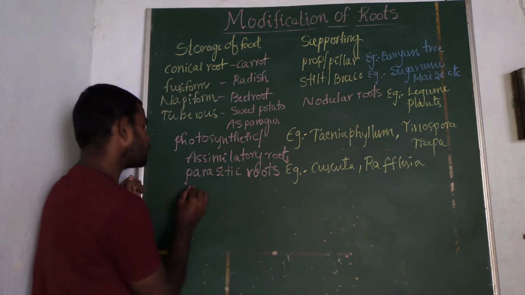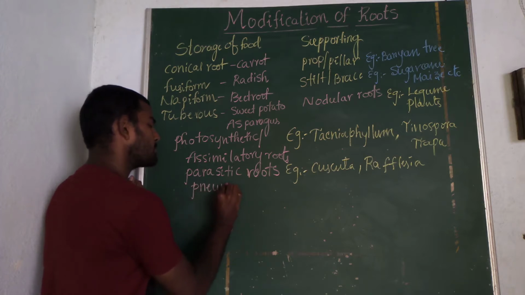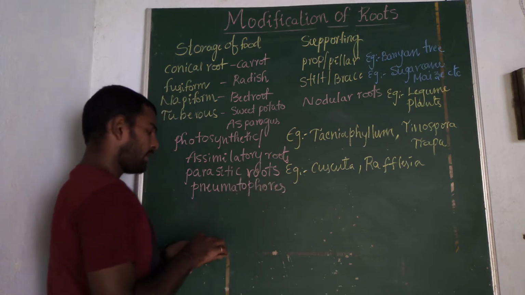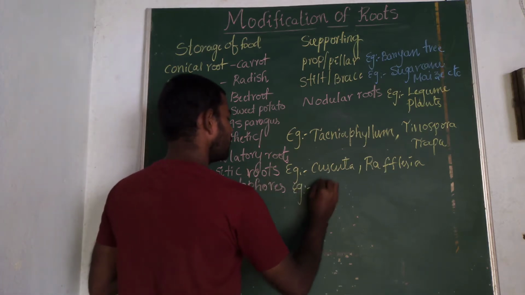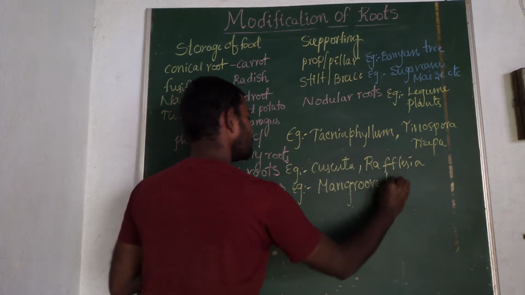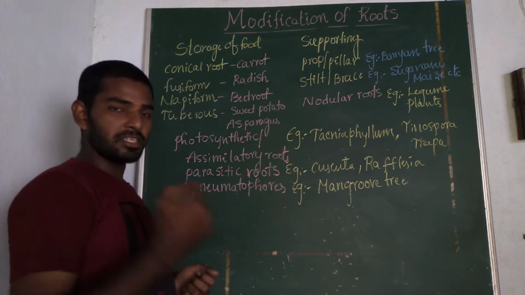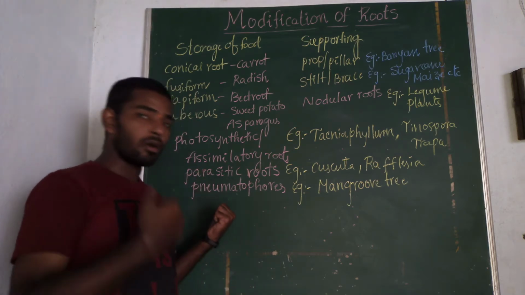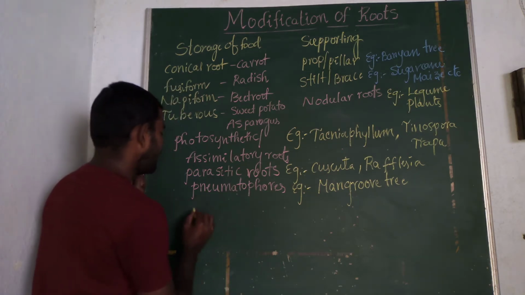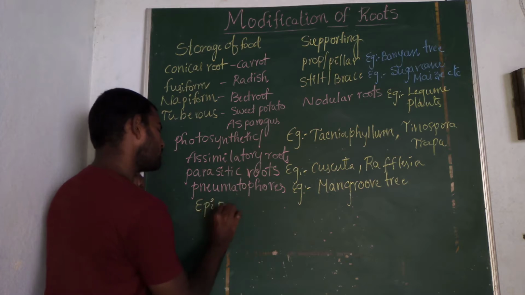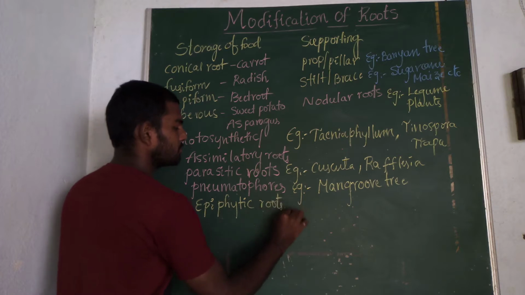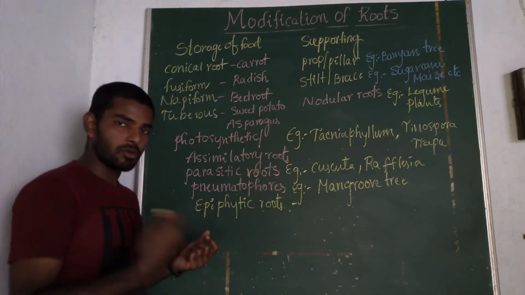And the next one, breathing roots or pneumatophores. Example, mangrove tree. The trees which are present in marshy saline soils have breathing roots or respiratory roots, also known as pneumatophores. And next one is epiphytic roots, also known as velamen roots.